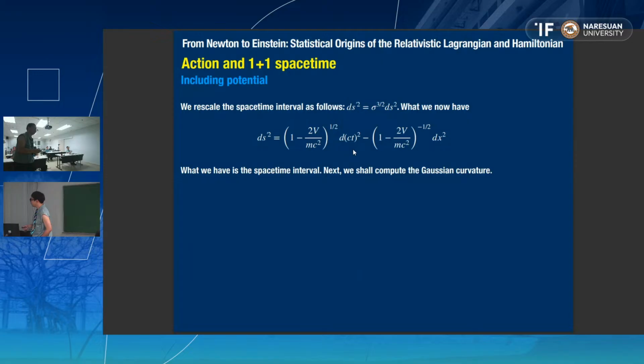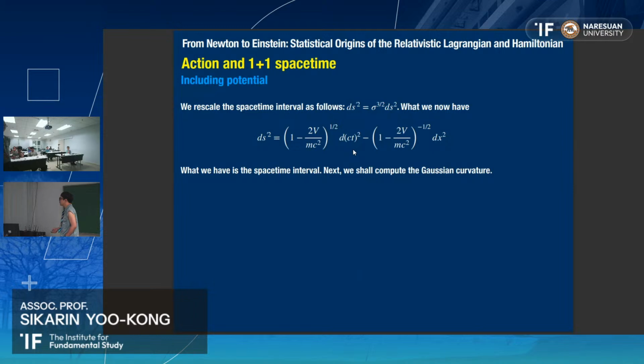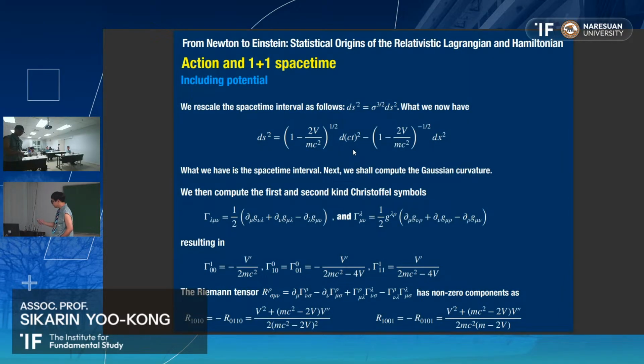Because we are now dealing with the case of 1+1 spacetime, if I understand correctly, the curvature tensor vanishes in this situation. So next we're going to compute only the Gaussian curvature. If we compute the curvature, then we need to work out all this kind of thing.